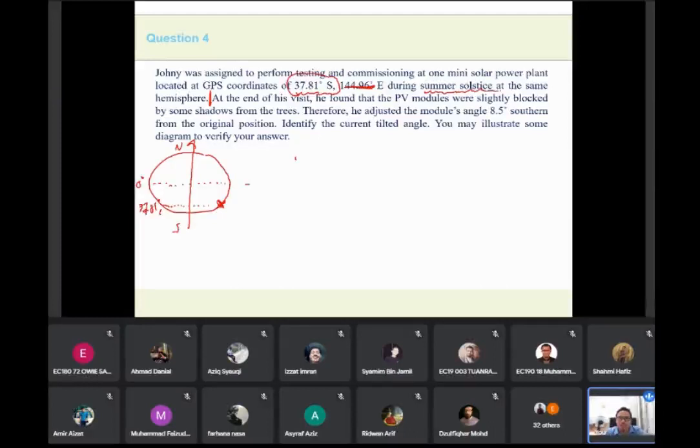Summer solstice at the same hemisphere. Summer solstice at the same hemisphere. Where is the location of the sun? Khairul Nizam. Muhammad Khairul Nizam.